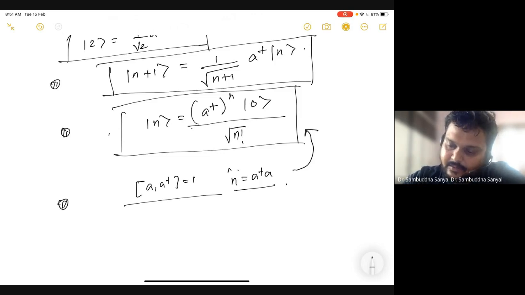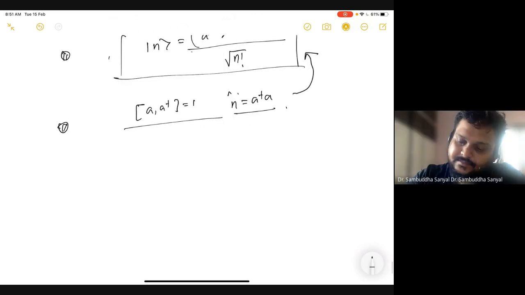From there you can go to all the states by applying this formula. These are the operators in this context, not the harmonic oscillator ones.